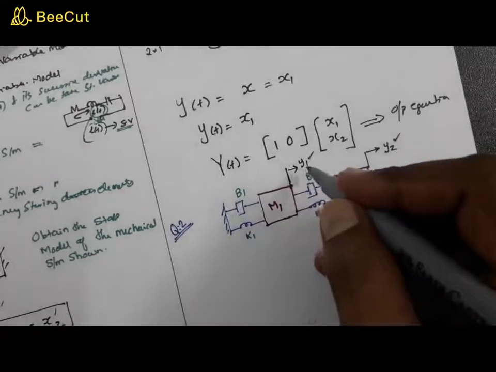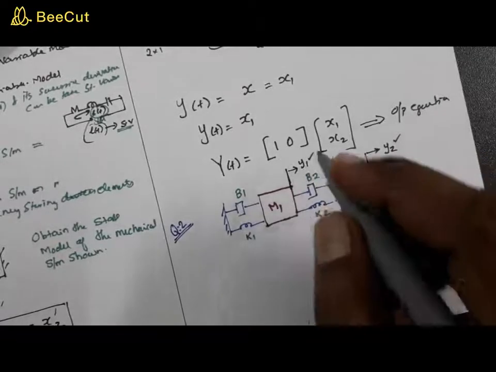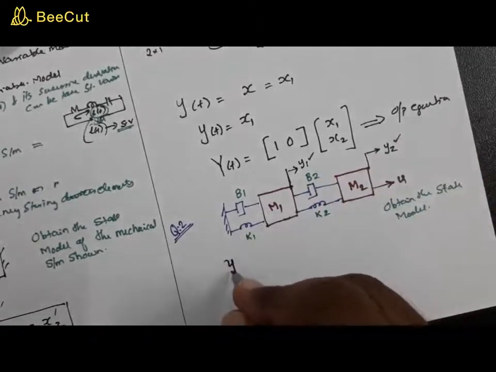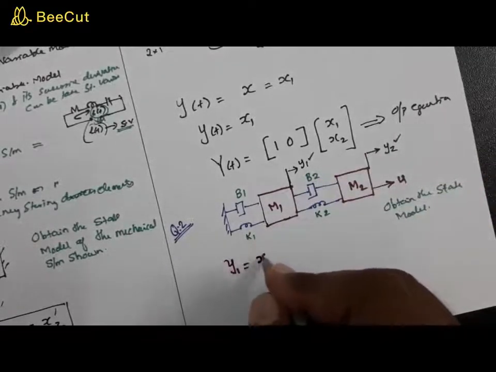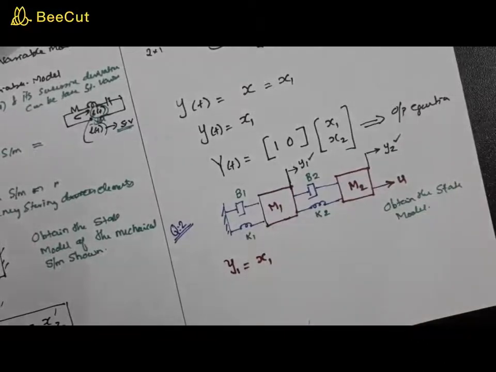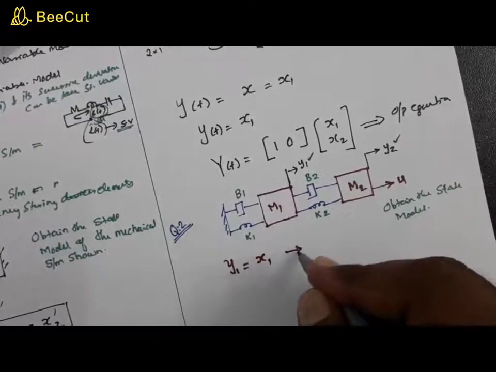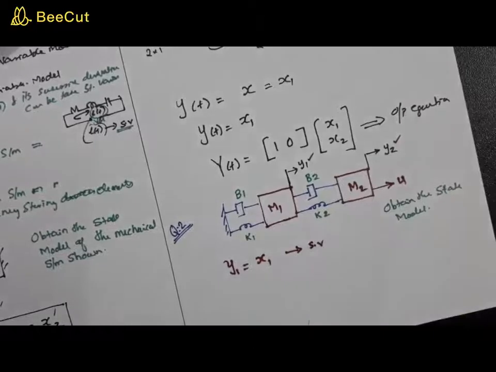So we'll start with this. We can assume y1 as the displacement of m1. Now this y1 can be selected as your x1. So this is the first standard state variable. Now, what can you say about its derivative?